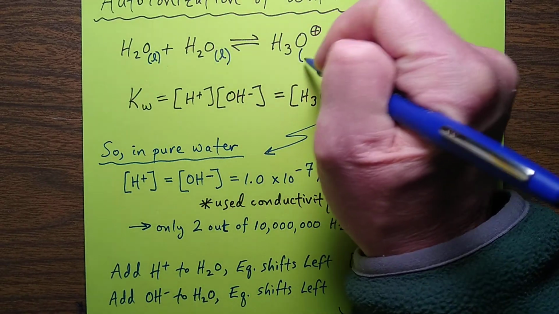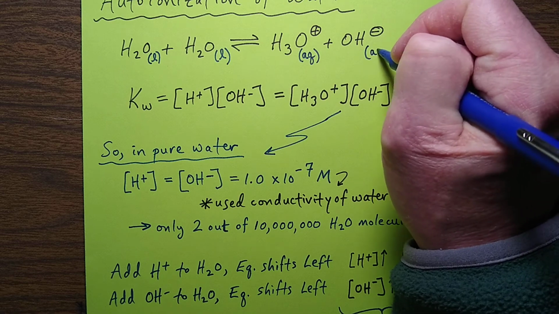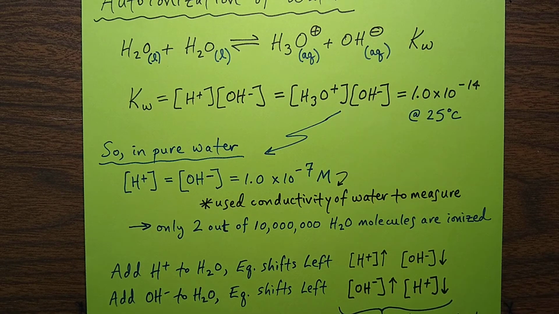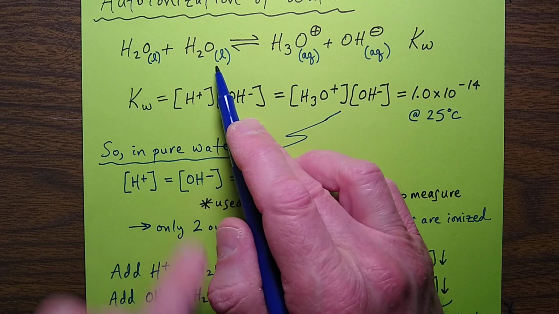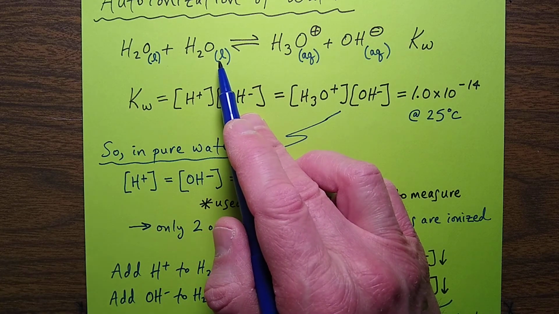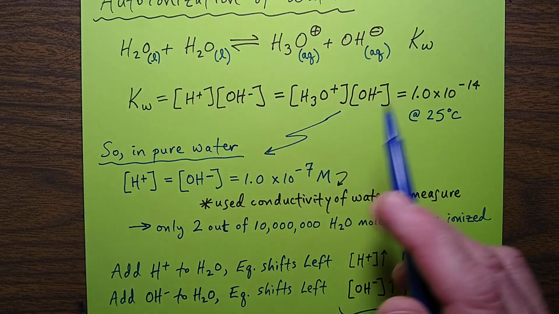These are aqueous, meaning they're dissolved ions. So in an equilibrium constant, as you know by now, you never put pure liquids or solids. The reason, again, is that the concentration of a pure liquid doesn't change. It's a very large number. We don't include it in an equilibrium expression. It's critical that you remember that.